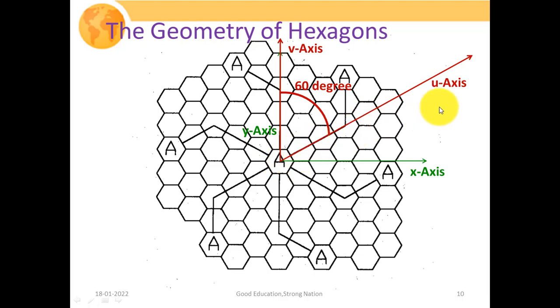So we have made this line and called it the u axis. Another axis we have formed by moving anti-clockwise at a 60-degree angle, moving down, and we call this the v axis. This axis is also formed by joining the central points of the hexagons. So we have formed two axes, the u axis and the v axis, and we will compute our distance calculation in terms of these axes only.